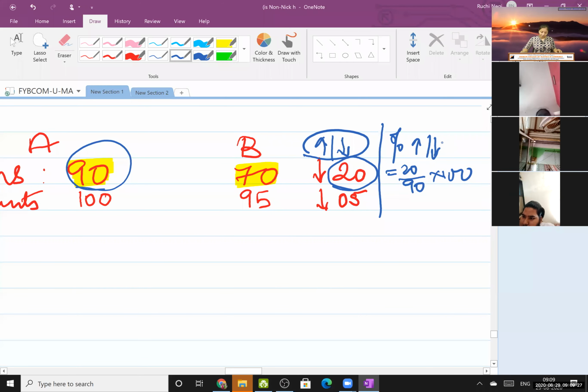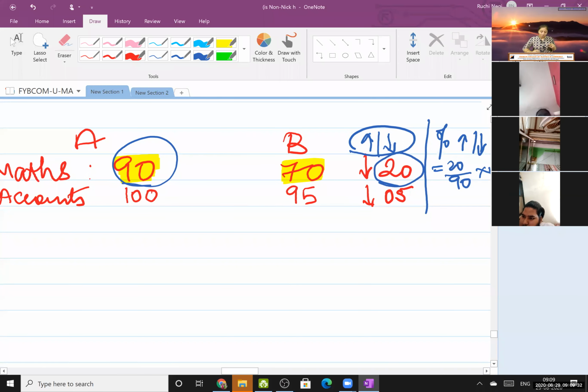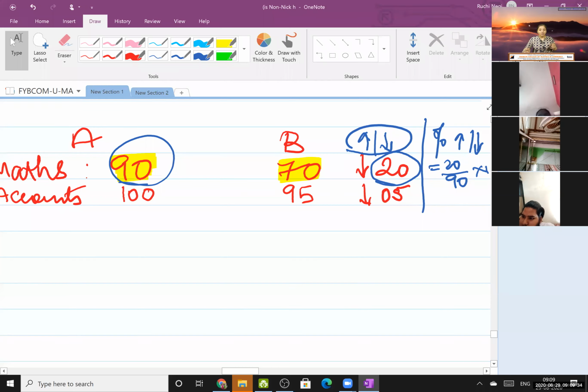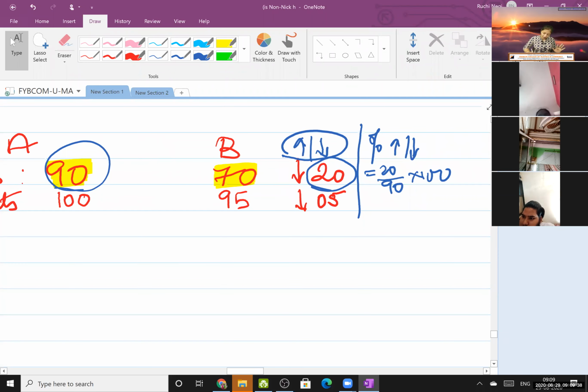Same way, I can also find स्टूडेंट बी को अकाउंट्स में स्टूडेंट ए से कितना परसेंट कम मिला है. सेम लॉजिक. डिफरेंस कितना है दोनों के मार्क्स में 5 डिवाइडेड बाय व्हाट इज द बेस. बेस मीन स्टूडेंट ए से मैं उसको कंपेयर कर रही हूँ 100 into 100. Okay, so this is the concept of comparative analysis.